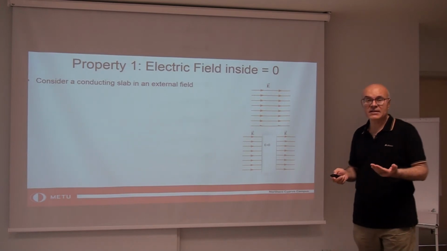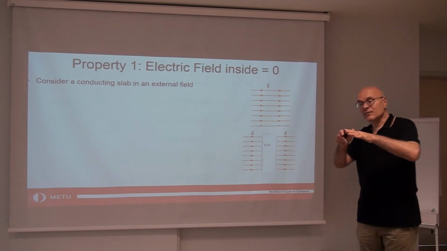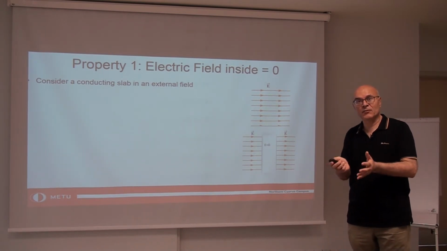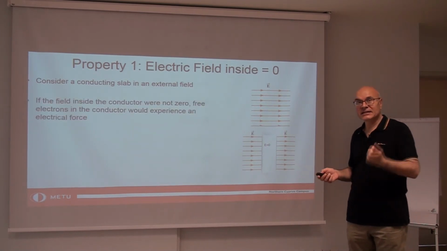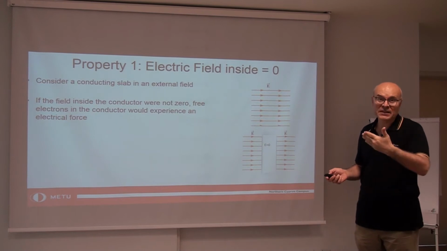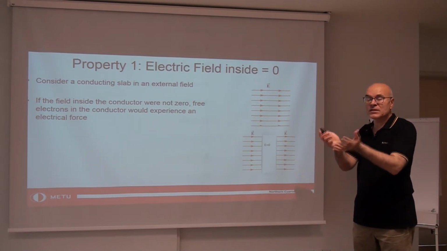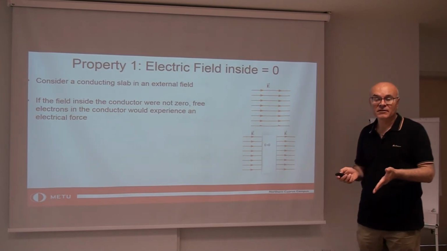Now why is this? We will explain the mechanism, but as long as the conductor goes into static equilibrium, and we accept that after you put it in, it very quickly goes into static equilibrium, then the electric field inside must be zero.